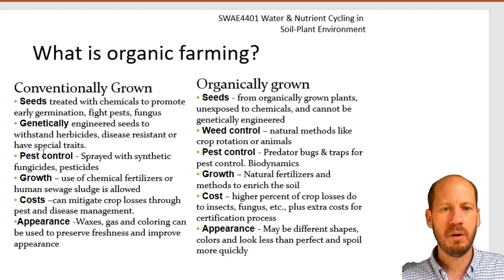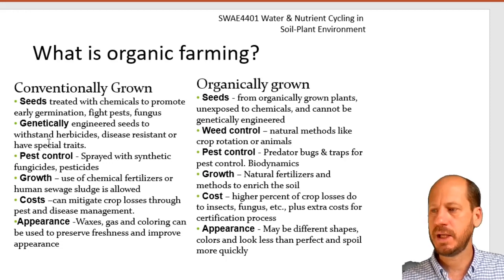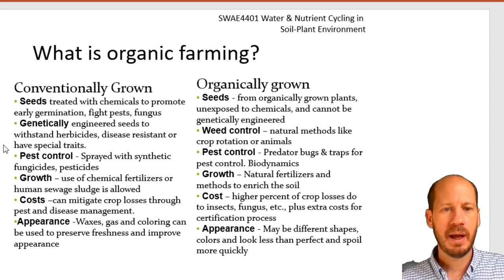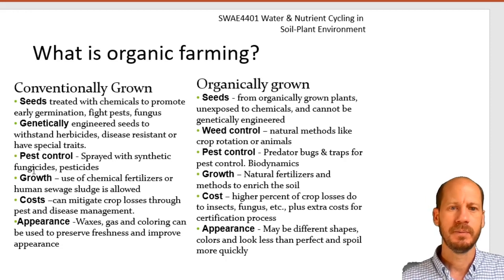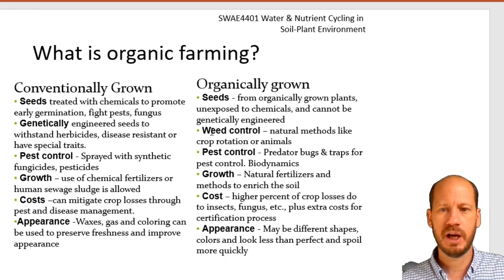In the conventionally grown system, we can have engineered seeds that resist pesticides, and we can also have GMOs, genetically modified organisms, whereas in organically grown systems that is not allowed. For weed control in organically grown systems, you cannot use herbicides.